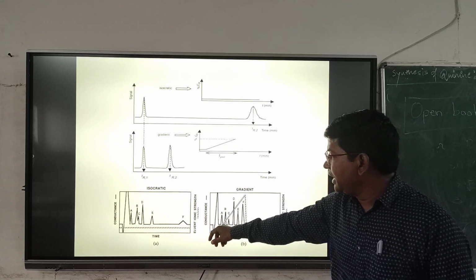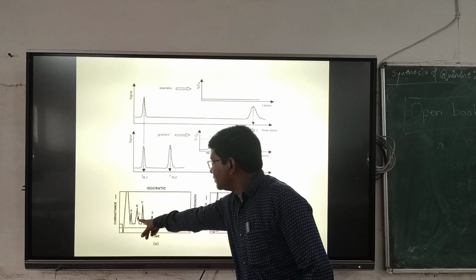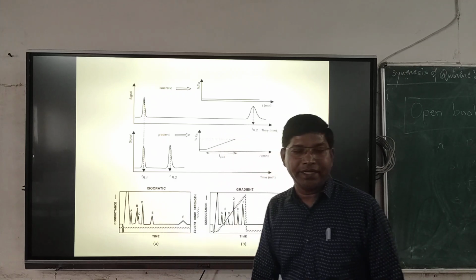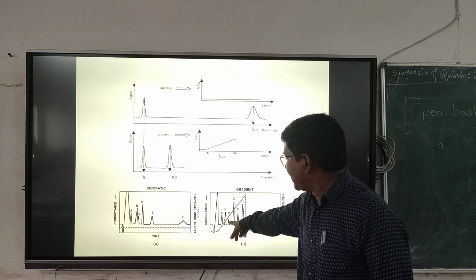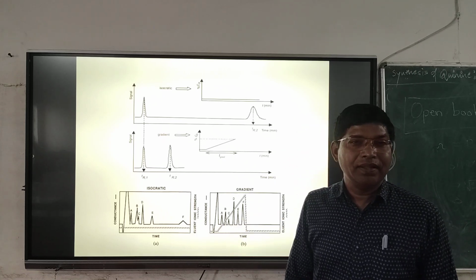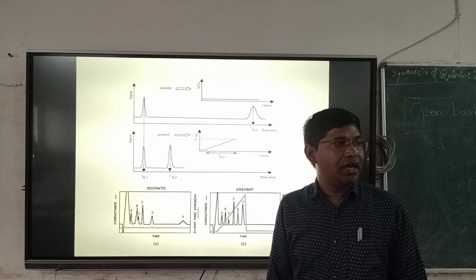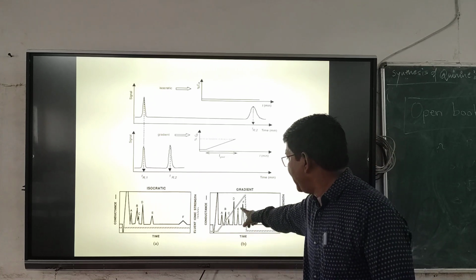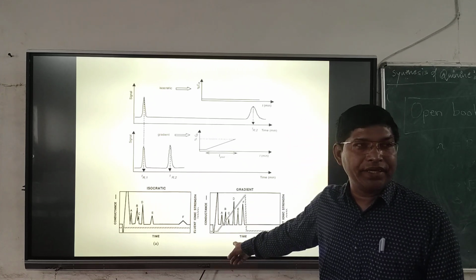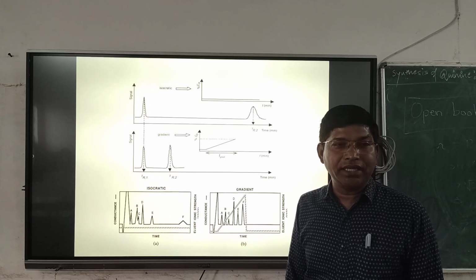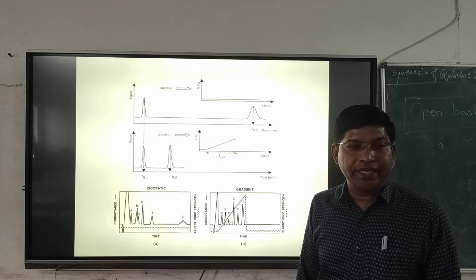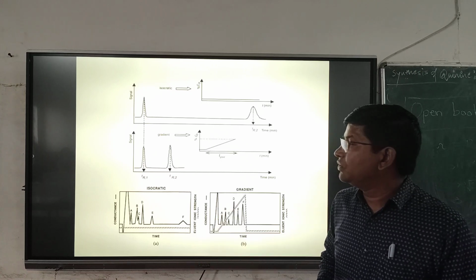Then we can see some of the compounds are not properly separated or not resolved. When we run gradient elution, where the composition of the solvent changes with time, we can see the resolution of all the compound mixture. So this is an advantage of gradient compared to the isocratic system.